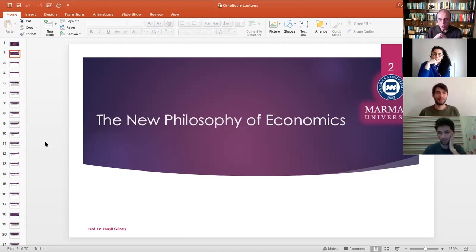Now, when people are introduced to the idea of philosophy of economics, they think they are going to comprehend rather abstract topics, like the ancient philosophical topics of thinking. But indeed, it is rather about the way economics is pursued as a science, and that is studied by philosophers of economics.